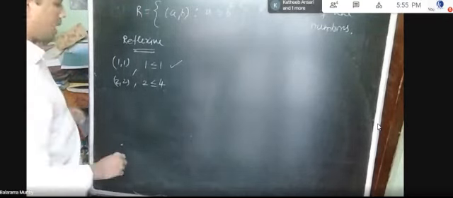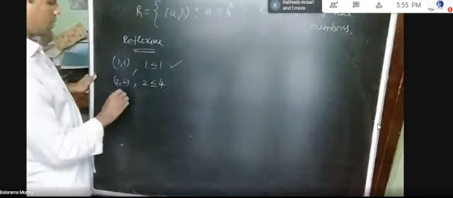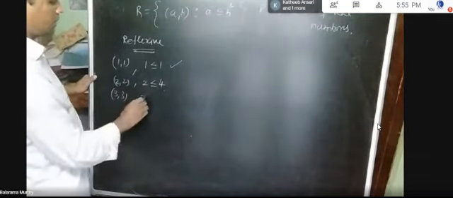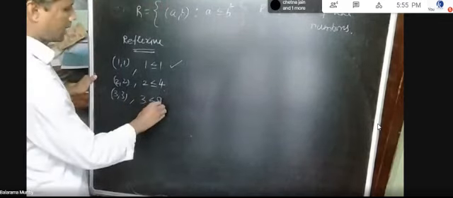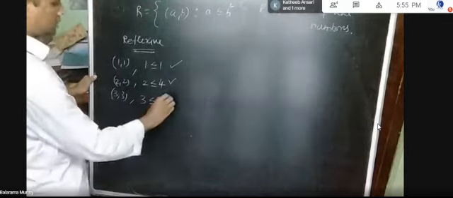It is reflexive. Then another element, 3 comma 3. 3 is less than or equal to its square, that is 9.